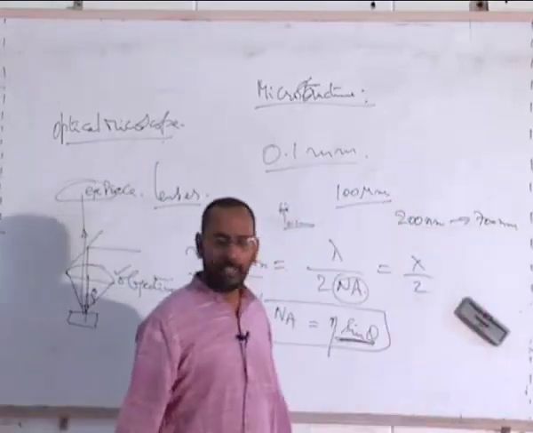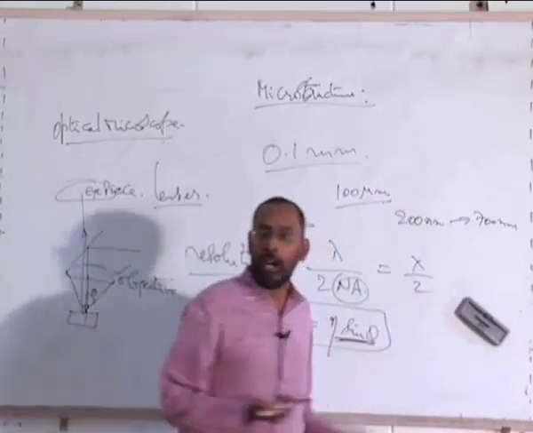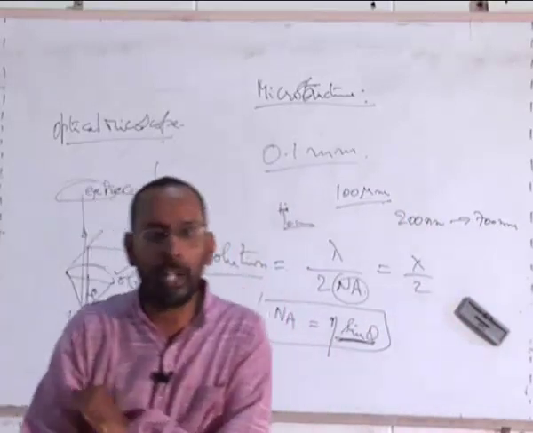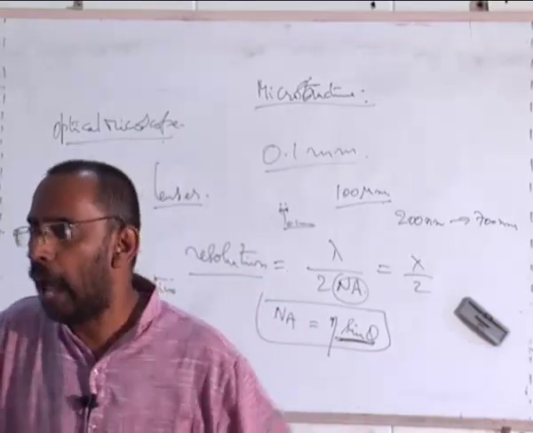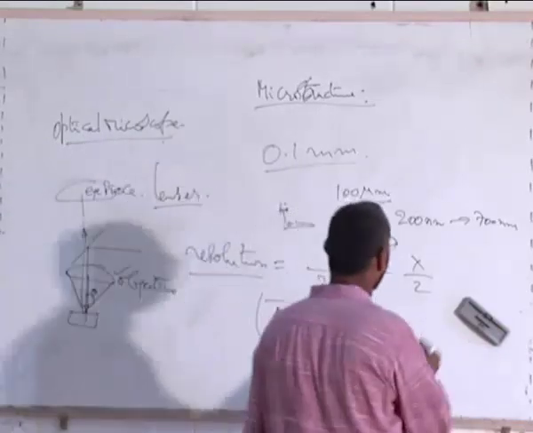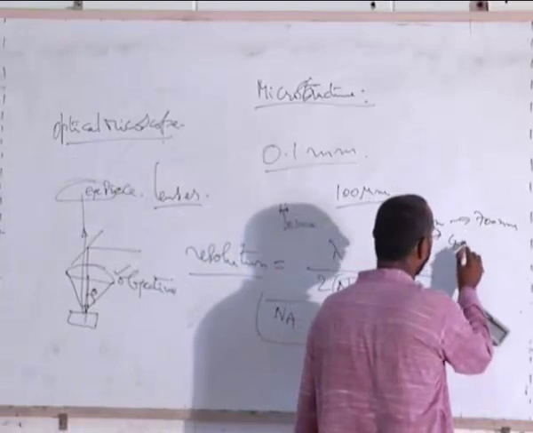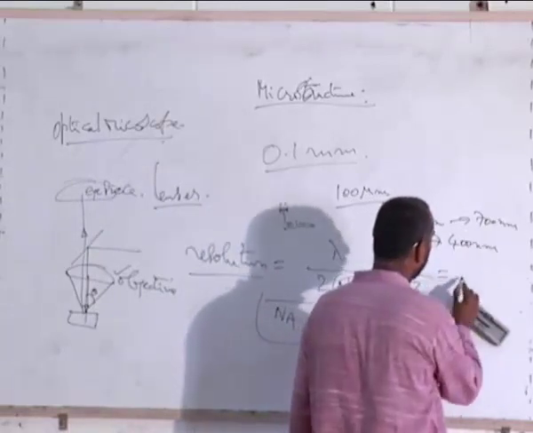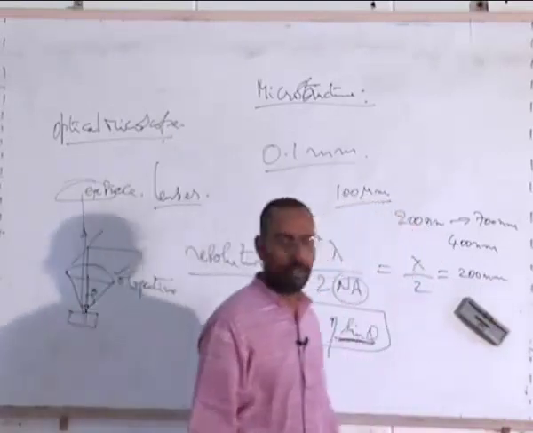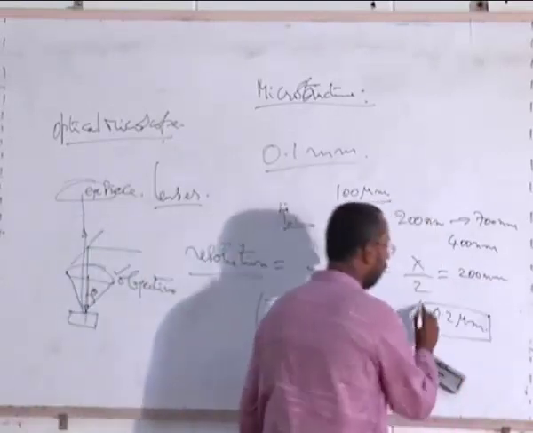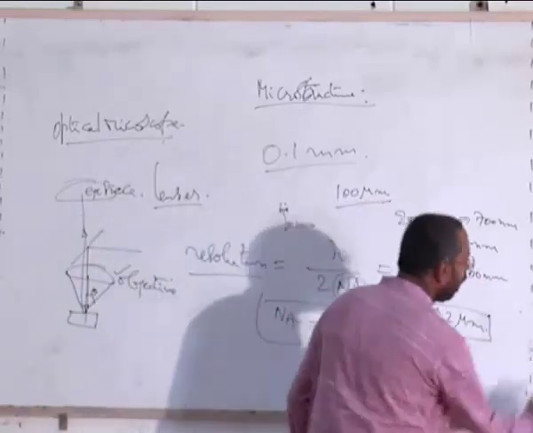I do not know which lambda to take, so we usually take an average lambda. If I take it as approximately 400 nanometers, that divided by 2 gives me 200 nanometers as a resolution. That means it is 0.2 microns.